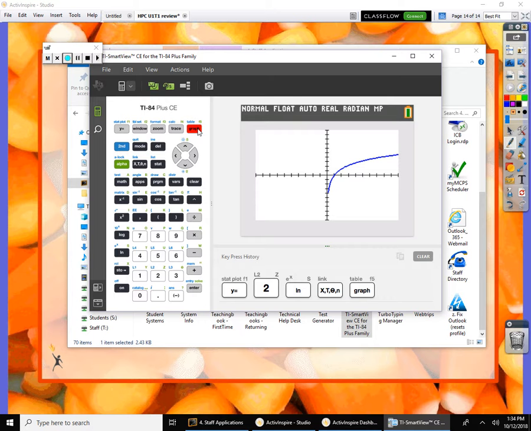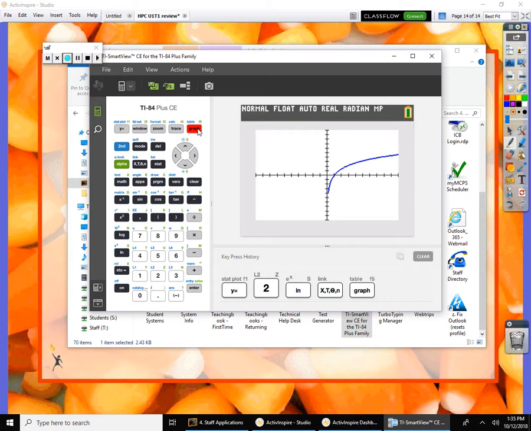Okay, so let's talk about one-to-one. When I do vertical line test, that tells me if it's a function. If I do the horizontal line test, what do you think it tells me? It tells me if it's one-to-one. So when I do a horizontal line through all this, does it hit more than one place? No, therefore, it is one-to-one. Horizontal line test, one-to-one.